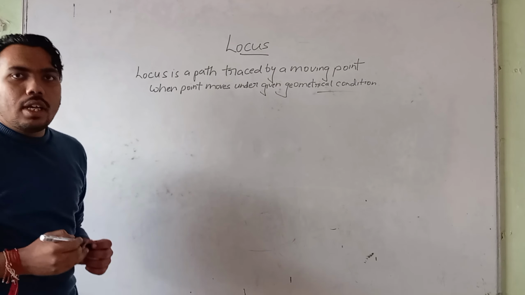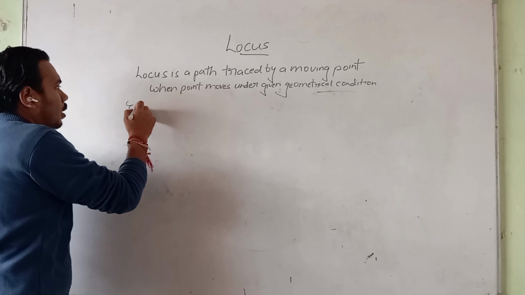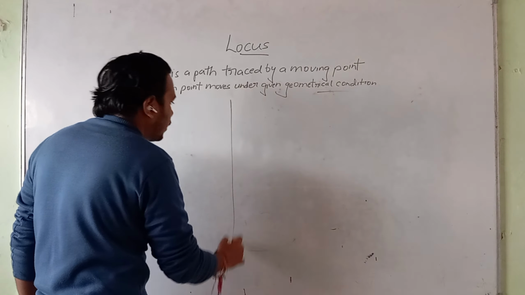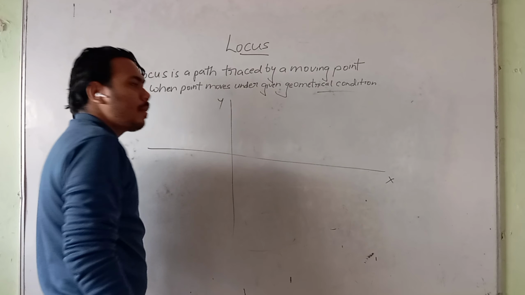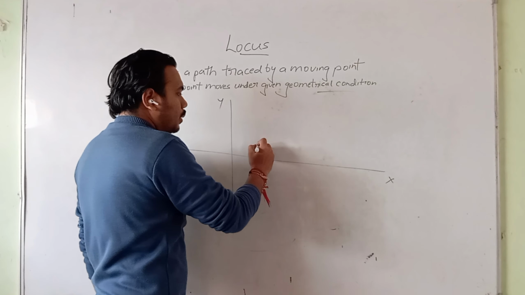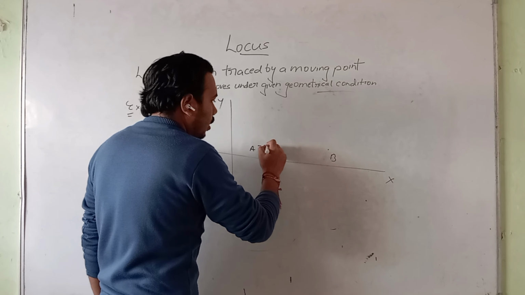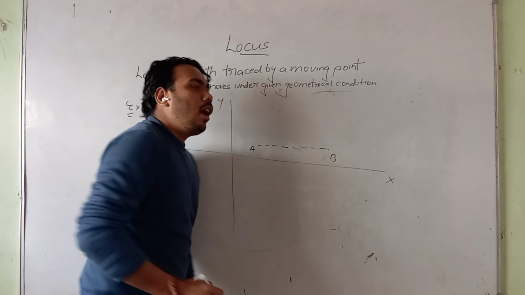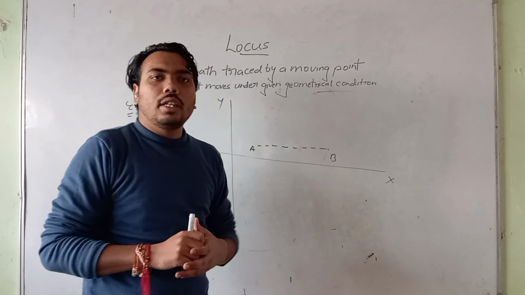Let's try to understand and visualize this definition by an example. Suppose this is an xy plane. Here are two fixed points A and B. I want to make my point move under a geometrical condition.